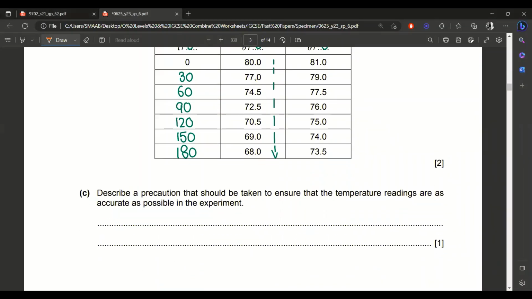Okay, so when we start writing the precaution, we discussed one precaution which is related to the parallax error.